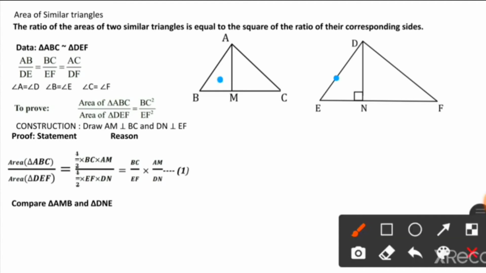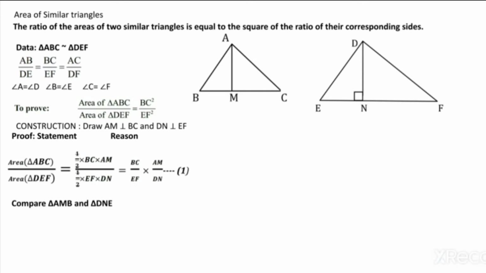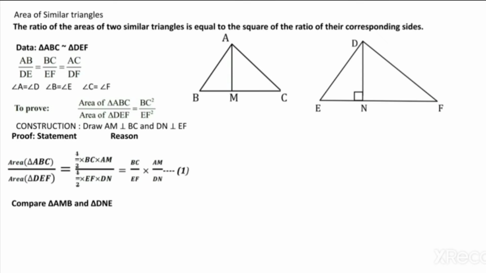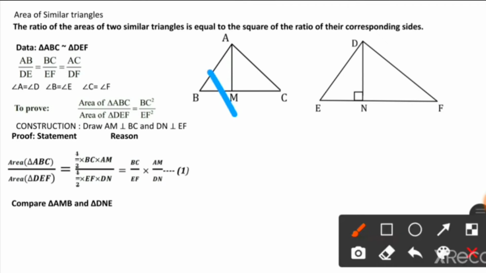So since I have to prove that the two triangles are similar, I have to use one of the criteria, that is AA criteria, SAS criteria, or SSS criteria. Here we know that one angle is 90 degrees based on the construction, and one of the angles, B and E, is the same. Why? Because it is in the given data.